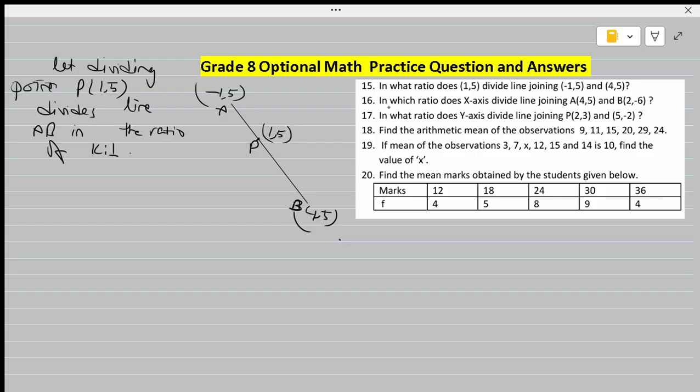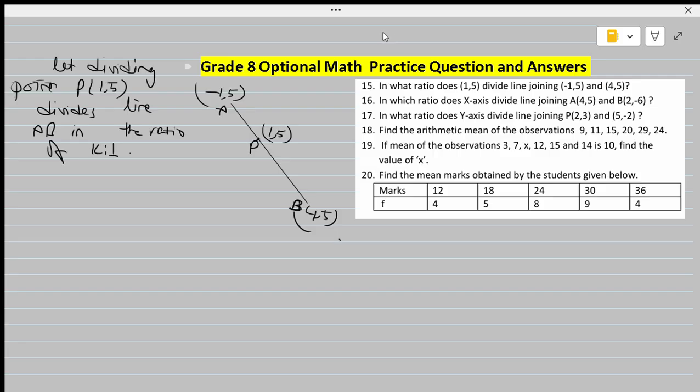Whatever value of K we find after solving, suppose it comes as a fraction, say 2 by 3, then the ratio will be 2 to 3. So this way is easy. If you don't feel comfortable with this way, you can suppose M1 is to M2, and directly you will get M1 by M2 as 2 by 3, that is 2 to 3. But I'm going with K is to 1 for now.